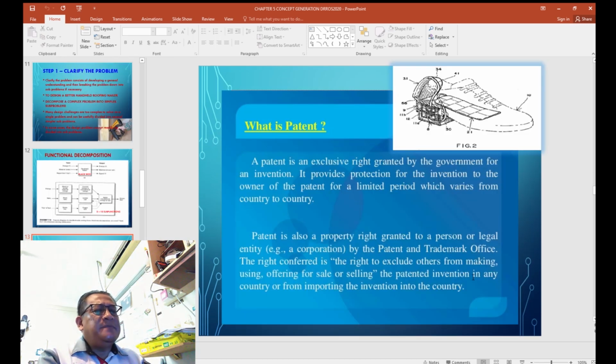So just now I highlighted patents. So what is a patent? A patent normally is a kind of right, or property, held by an inventor who has invented a certain process or product that is quite similar to the product that you want to develop. So you could refer to the patent.